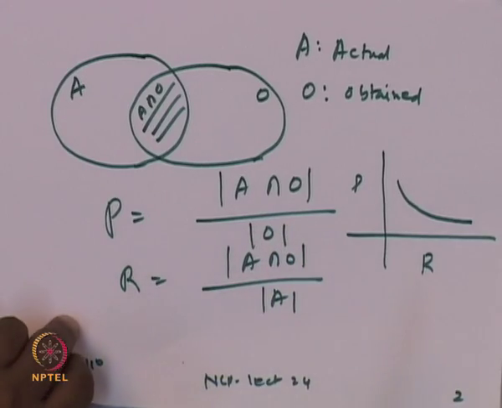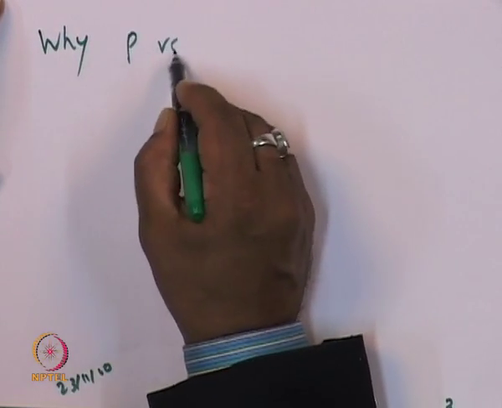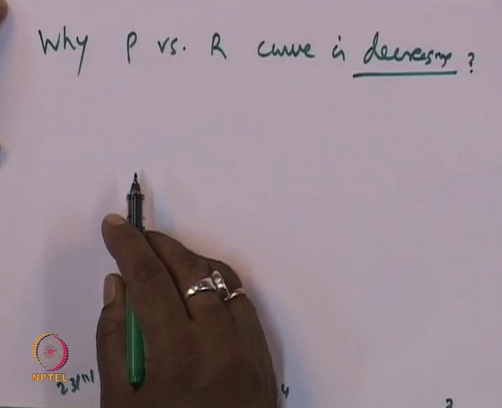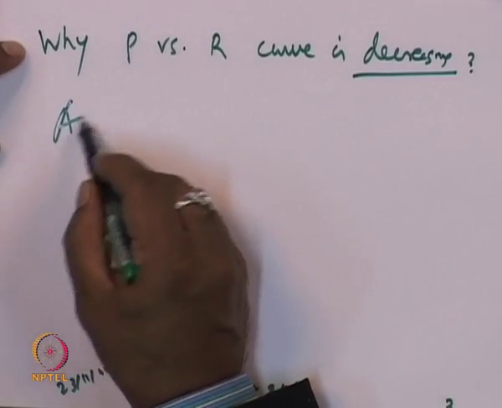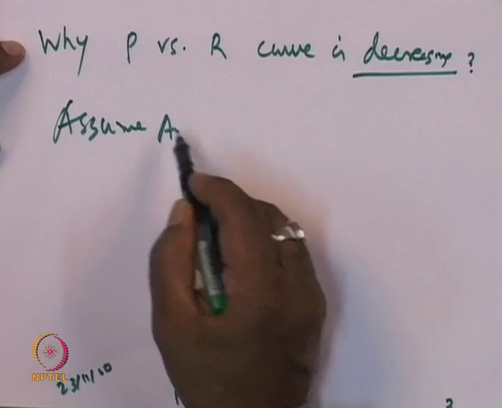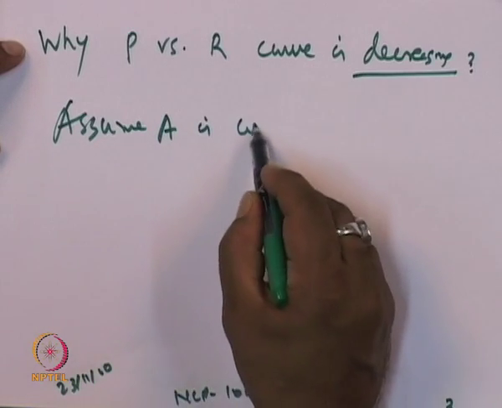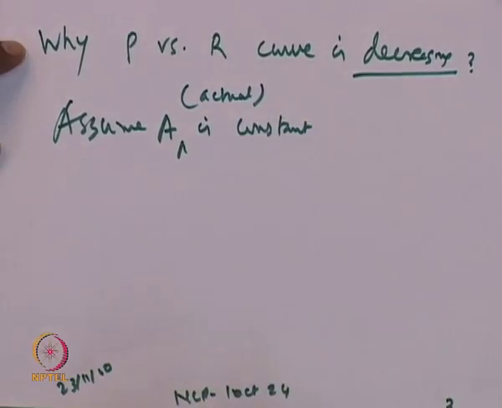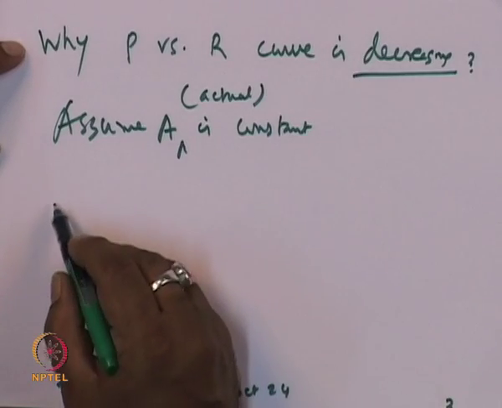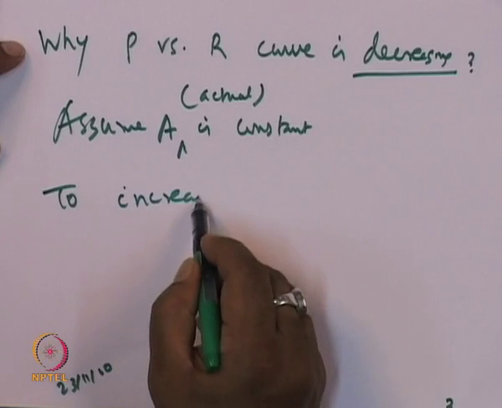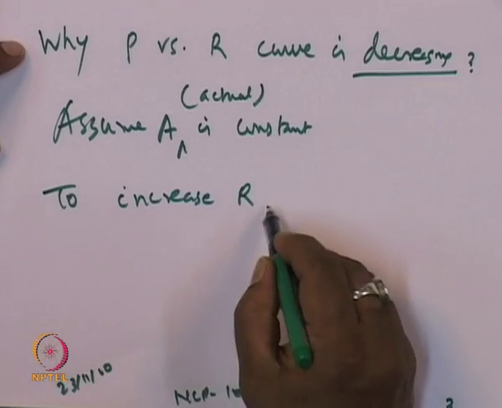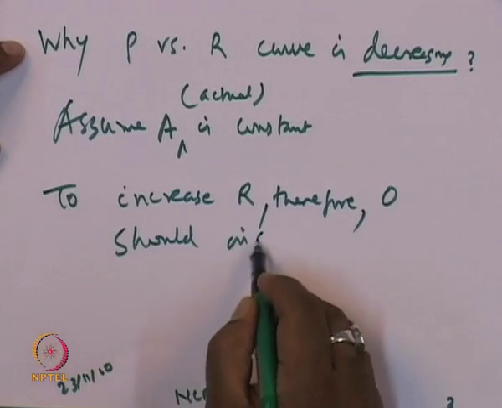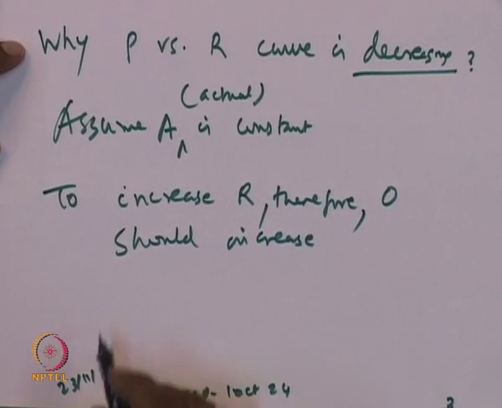So, let us write these points down, why the P versus R curve is decreasing. Assume A is constant, which is the actual set of things. To increase R, therefore, O should increase.